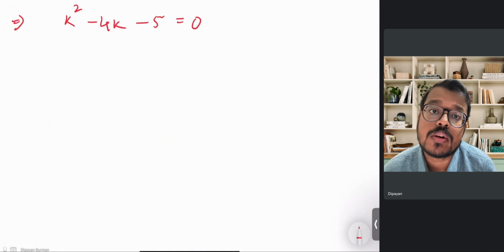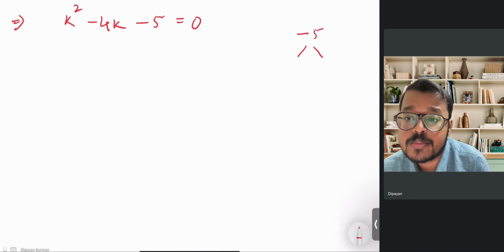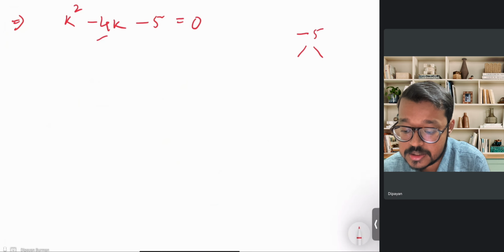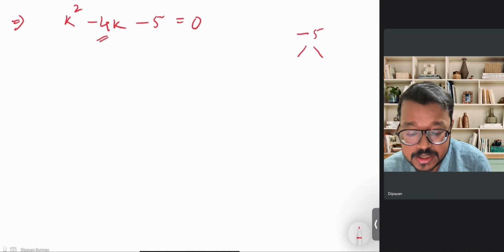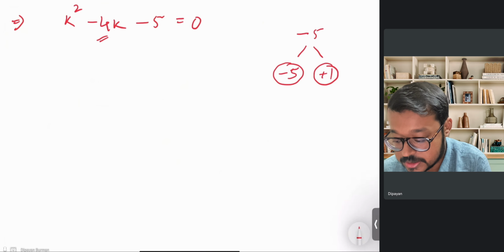You can also use the quadratic formula. The product of numbers we want is minus 5, and the sum of numbers we want is minus 4. So if I try some numbers, 5 and 1, I want the sum as negative. So minus 5 and plus 1 will give me the required answer.